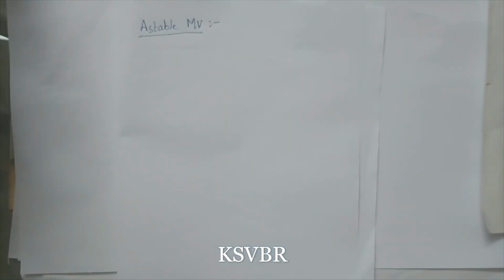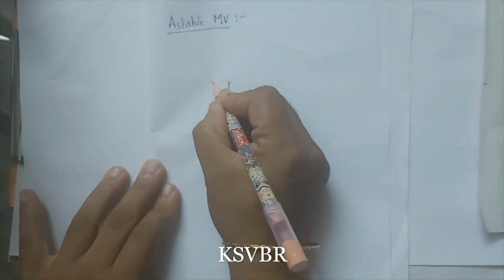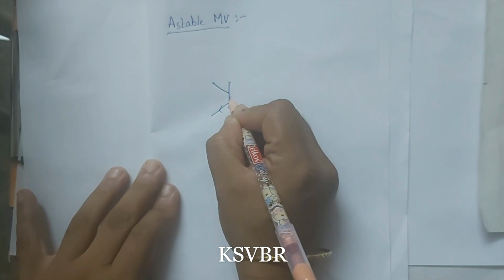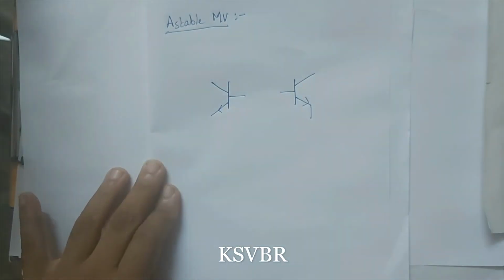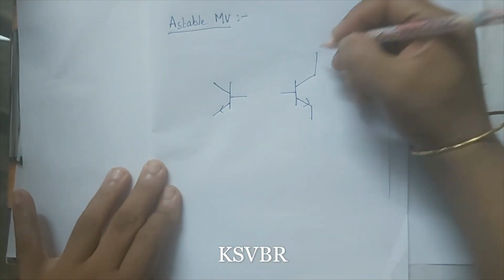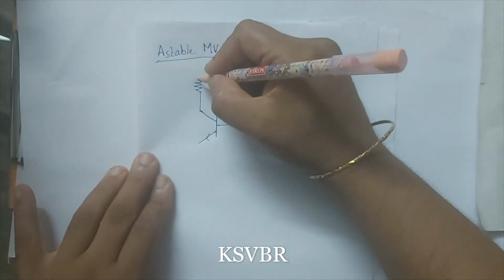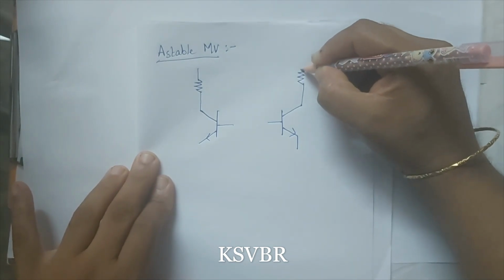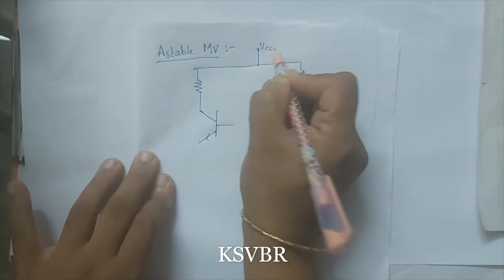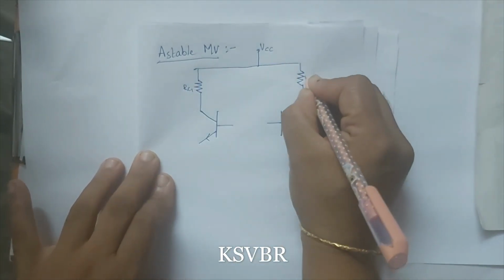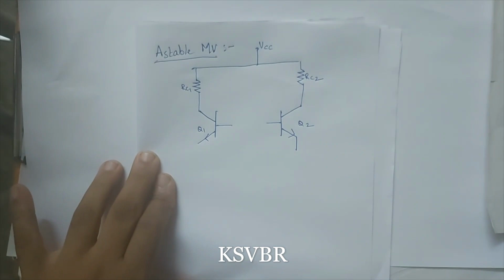We want two transistors. Take two identical transistors, and RC1, RC2, transistor Q1, transistor Q2.